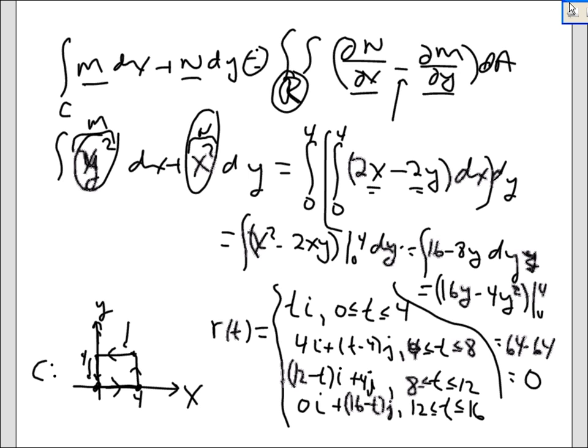Okay, now this made sense that the integral would be 0. Is it conservative? Actually, it was not. Well, let's see. The partial of N with respect to x and the partial of M with respect to y are not equal, so it's not conservative. Remember, if it's conservative and it's a closed path, it must be 0.